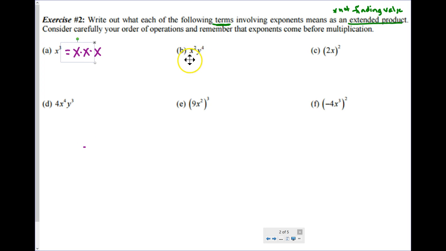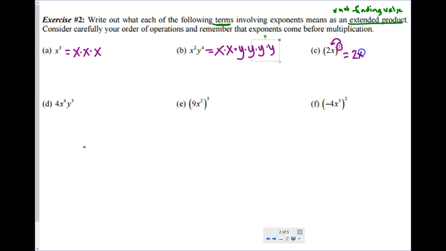How about letter B? How many x's do we have? We have 2 x's, so 1, 2. And how many y's? 4. So times y, times y, times y, times y. That's a multiplication sign. Letter C is a little trickier because we have parentheses. This parentheses is saying that this 2x, this whole thing, is being raised to the 2nd power.